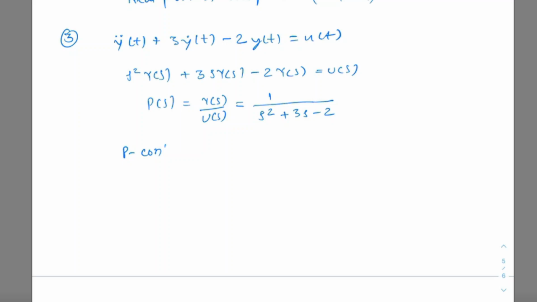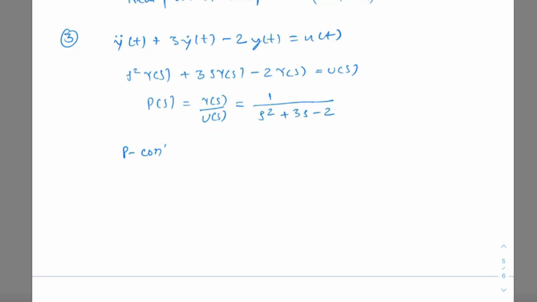So if we were to write the Routh array for this again, the final term would become 3 into Kp minus 2 over 3, that is Kp minus 2.